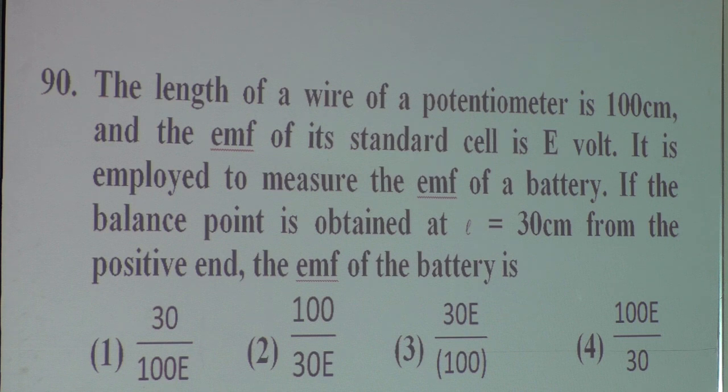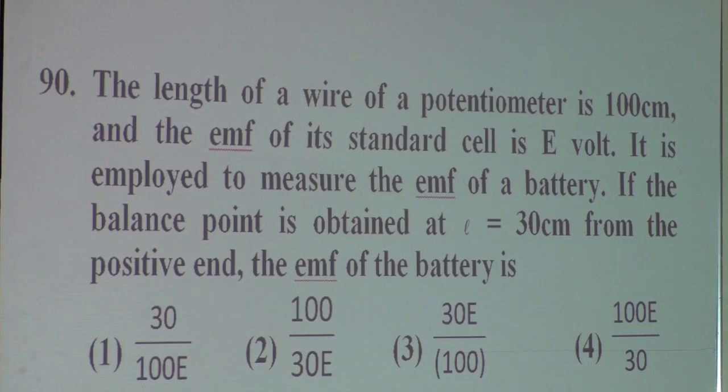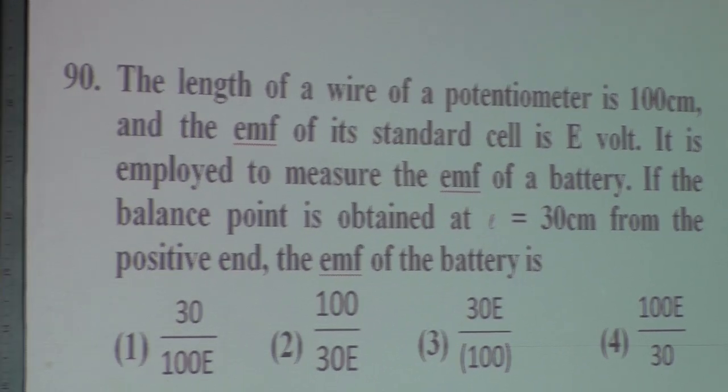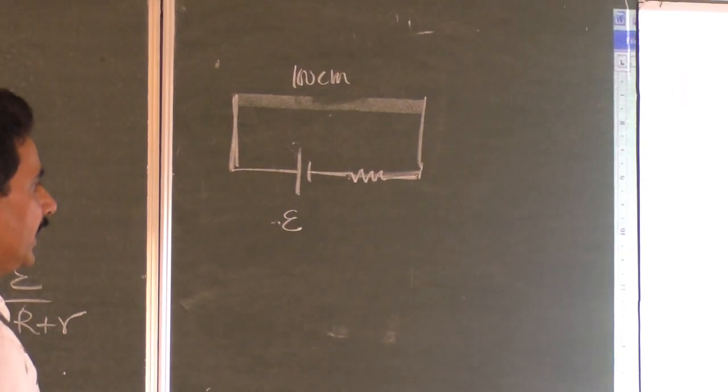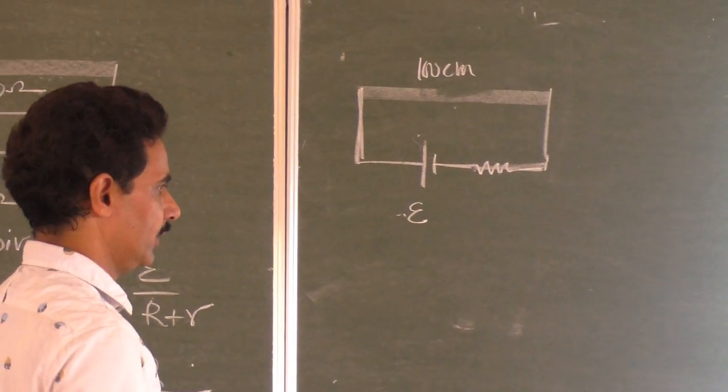Very easy question. Now, you should have a wire, the length of the wire of the potentiometer is 100 centimeter, and the EMF of the standard cell is E volt.